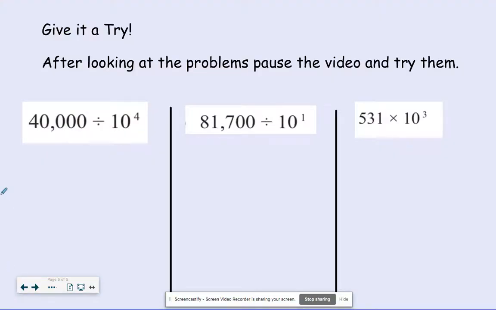This is a chance to give it a try. Pause the video and then resume it to check your answers. Welcome back. All right, let's see if you came up with some good answers for these problems.